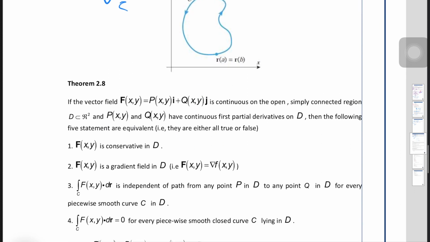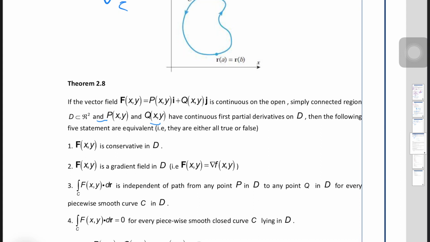So theorem 2.8, if the vector field F(x,y) equal to P(x,y)i plus Q(x,y)j is continuous on the open simply connected region D, a subset of R^2, and P(x,y) and Q(x,y) have continuous first partial derivatives, then the following 5 statements are equivalent.